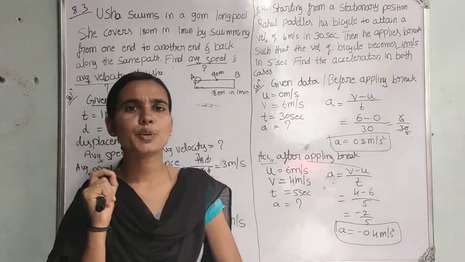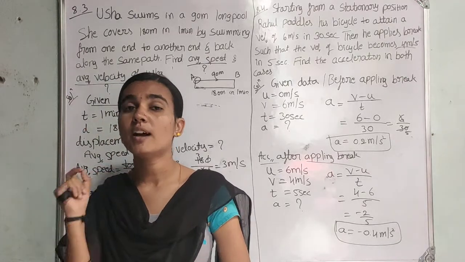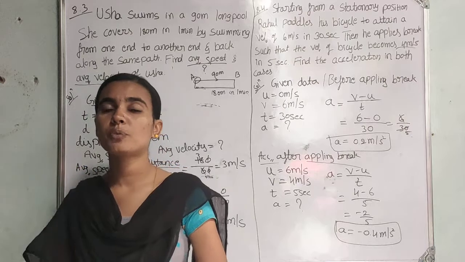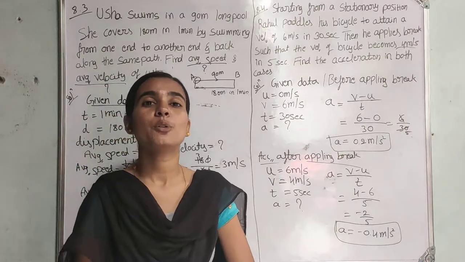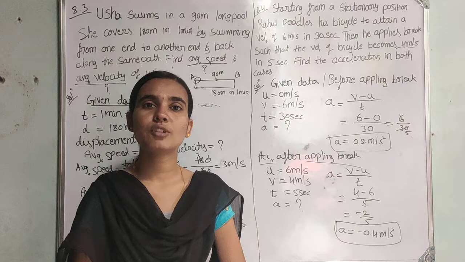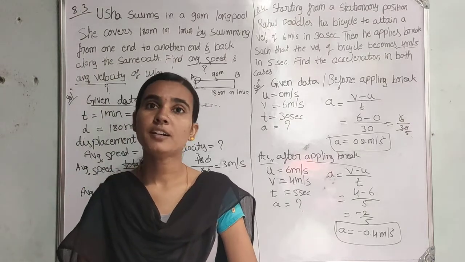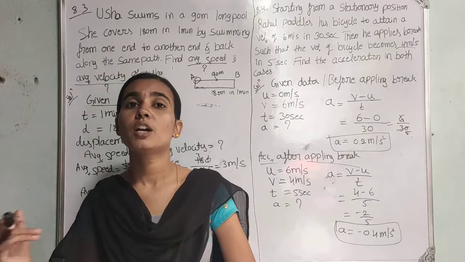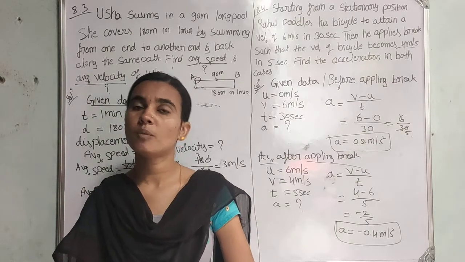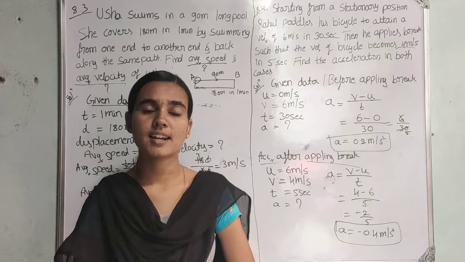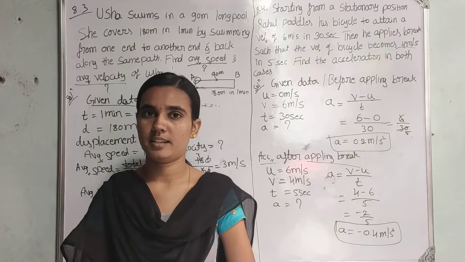So when there is a uniform change in the velocity, or a uniform rate of change of velocity, we call that uniform acceleration. Non-uniform is nothing but the rate of change of a non-uniform velocity, that we call non-uniform acceleration.